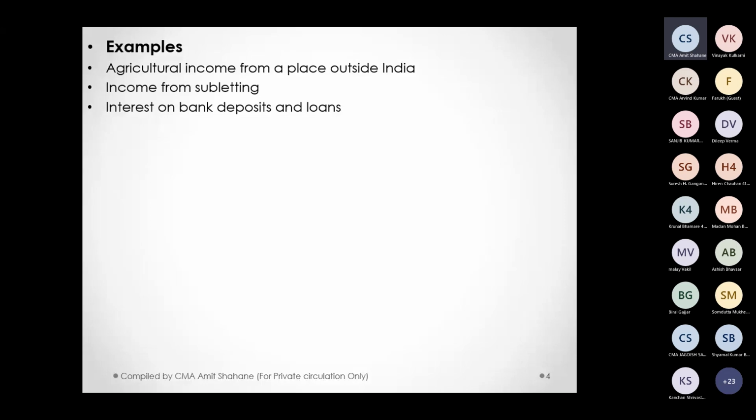But obviously, in that year of receipt, this entire 5 lakh will become taxable. Instead of that, it should be on an accrual basis. So on a yearly basis, you should offer this income so that the overall tax burden will be minimized.